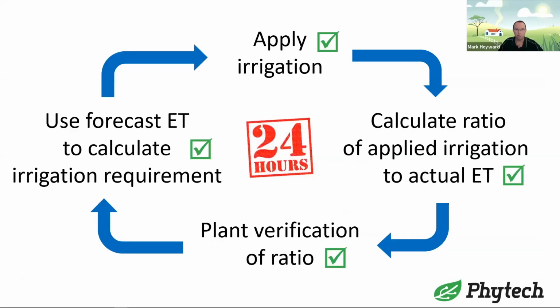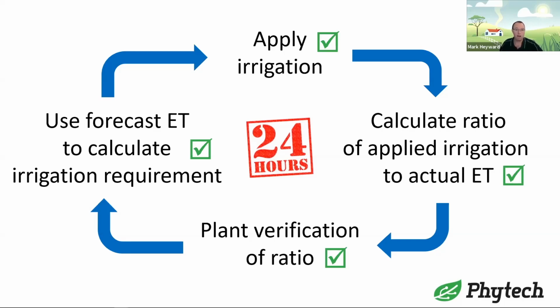So in short, what's really happening, whether you do it consciously through a mathematical process or subconsciously, it happens anyway, is that you're applying irrigation, there's a ratio of irrigation that you're applying to the actual forecast loss, or the actual loss, that evapotranspiration.